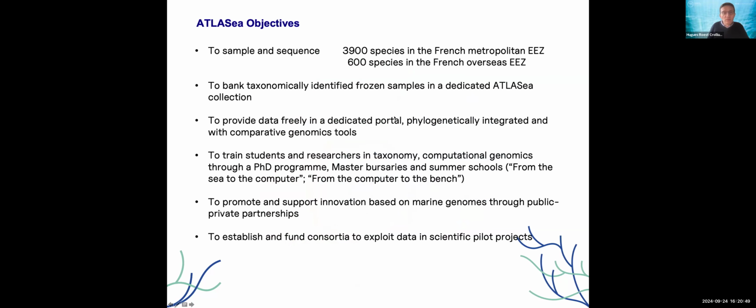So more precisely, the objective is to sequence 4,500 species in the French EEZ, mainly in hexagonal France, as we say, metropolitan France, but also in overseas territories. These will be frozen, at least the tissue will be frozen, and vouchers will also be frozen in the Natural History Museum.